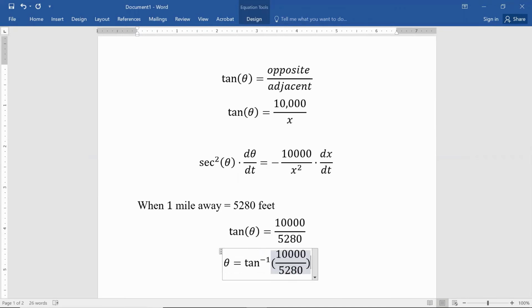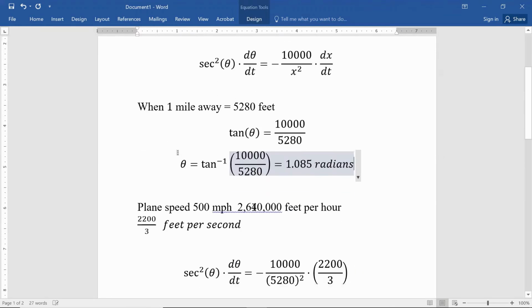My calculator is going to be set in radians. When I type that into my calculator, I end up with 1.085 radians. All right.